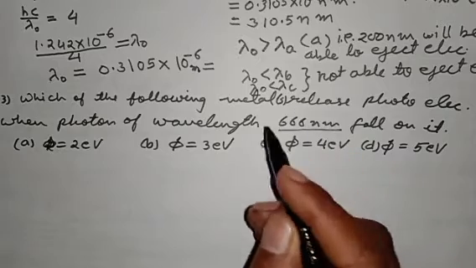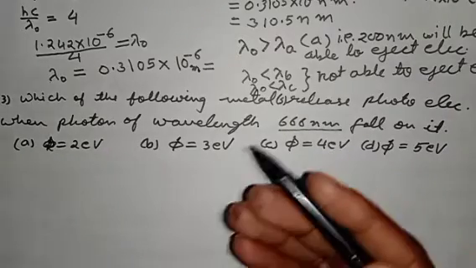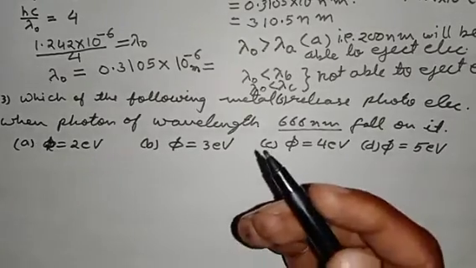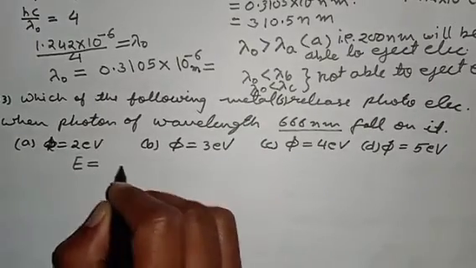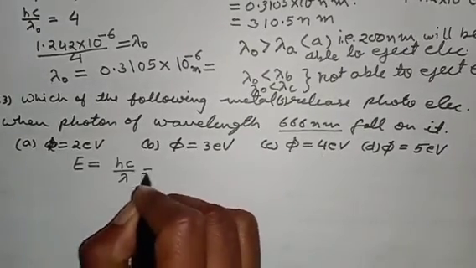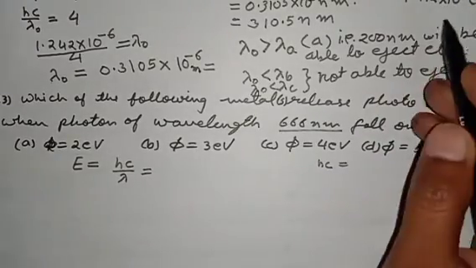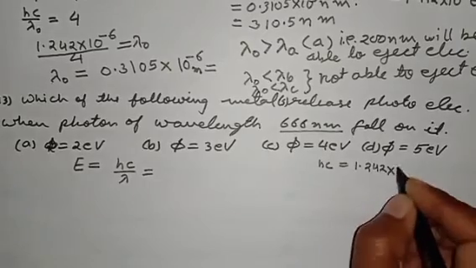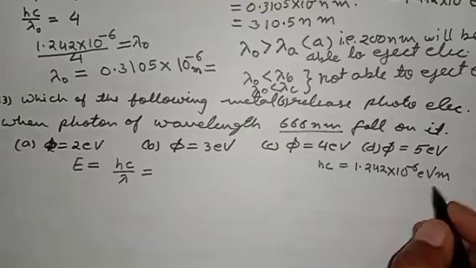If its energy is greater than the work function of any one of them, or all of them, or few of them, only from those metals can electron be ejected. So we will find E equal to hc by lambda, and once again it is hc as discussed earlier. This value 1.242 into 10 to the power minus 6 electron volt meter can also be given in terms of nanometer.